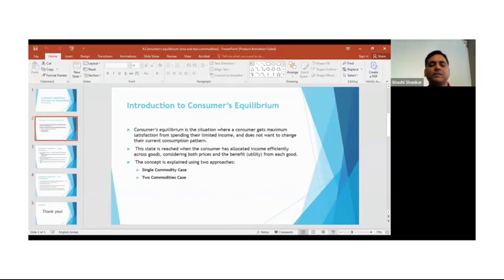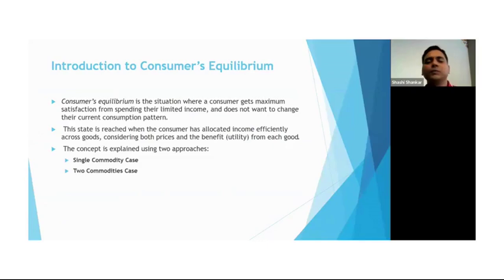As far as the definition is concerned, consumer equilibrium is the situation where a consumer gets maximum satisfaction from spending their limited income, and does not want to change their current consumption pattern.